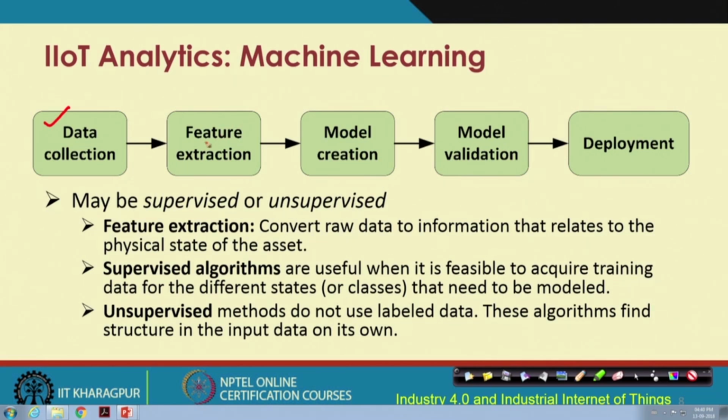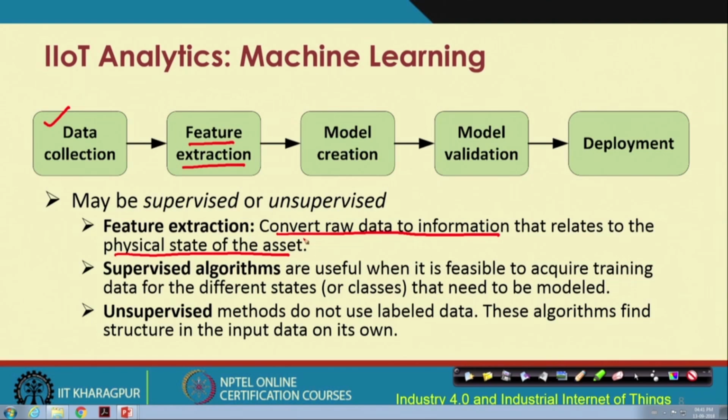Then there is something called feature extraction, which is very important in machine learning. Feature extraction methods convert the raw data into information that relates to the physical state of the asset. So, the feature extractions are performed, and feature extraction itself is a task that requires a lot of work. So, there are different algorithms that are available for feature extraction.